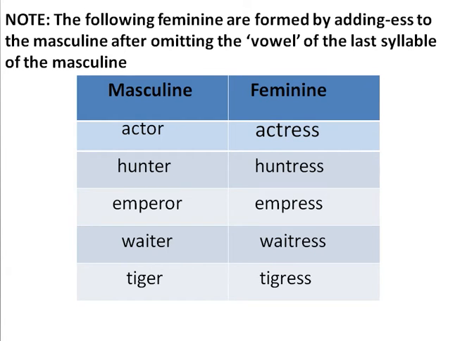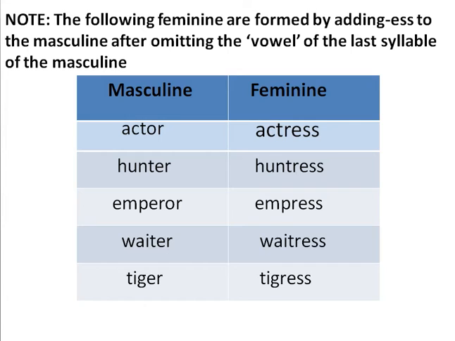Note the following. Feminines are formed by adding ess to the masculine after omitting, that is removing, the vowels a, e, i, o, u of the last syllable of the masculine.